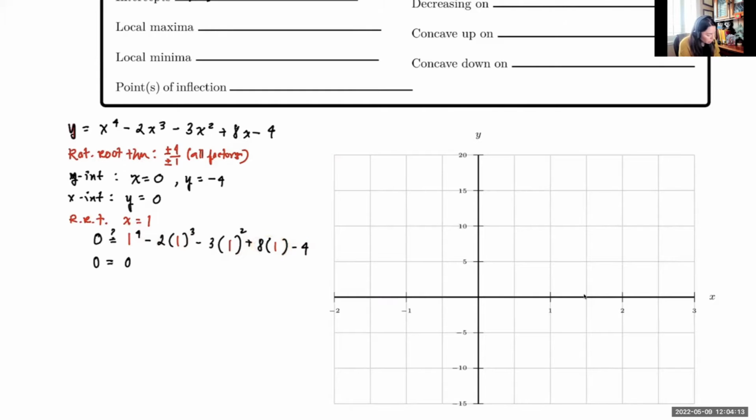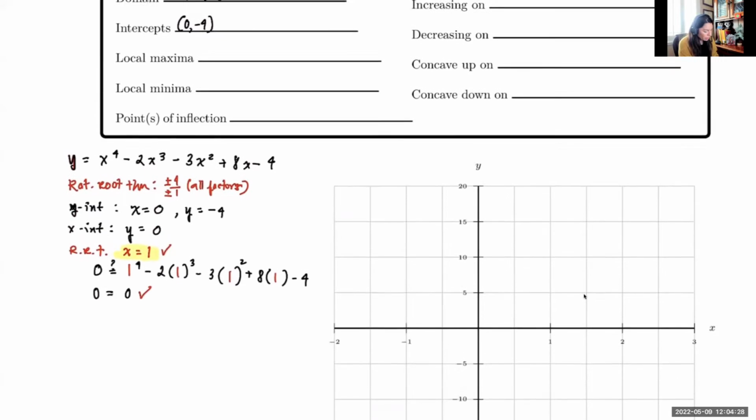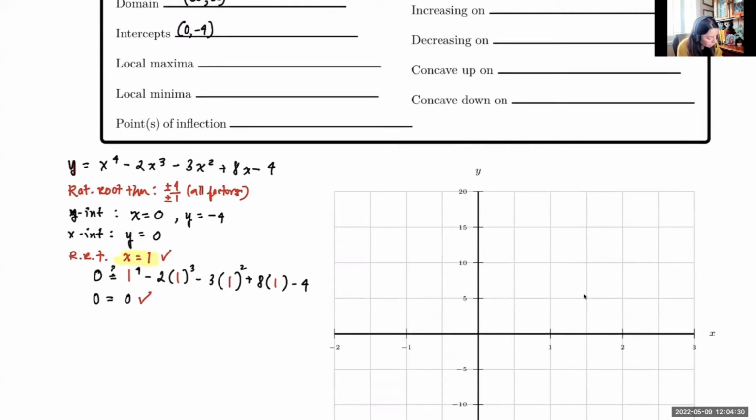So this does work out, and x equal 1 is in fact one of our roots. Because x equal 1 is a root, we found an x-intercept. So I can list it here: (1, 0), and see what else we get.